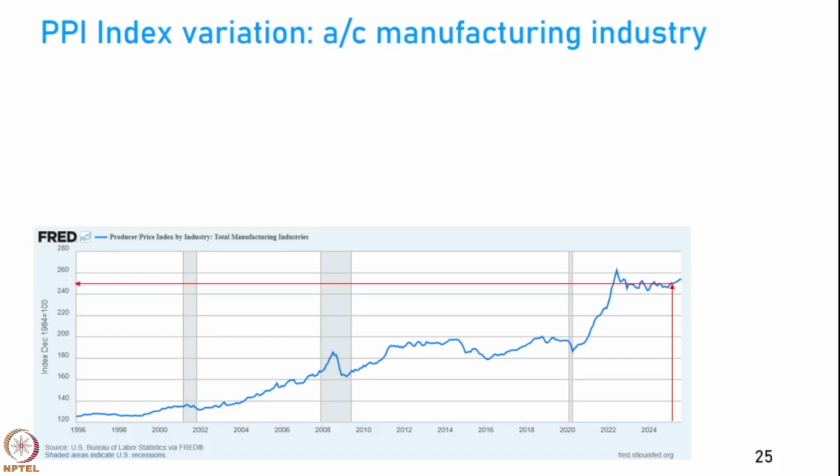Similarly, if you look at the PPI, the producer price index of the manufacturing industry, certain costs are for the materials and those costs will follow the cost of the material. The PPI index in 1996 was 125.8, and that index has grown to 248.7 in 2025.